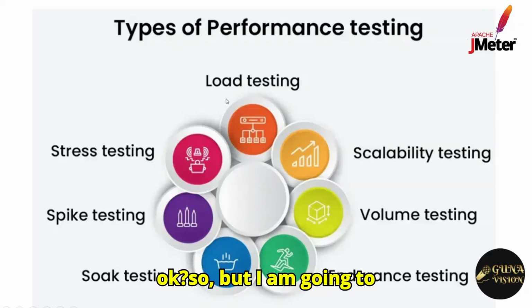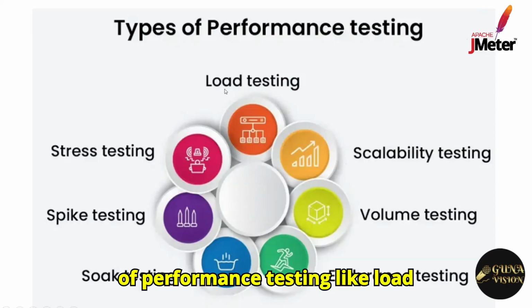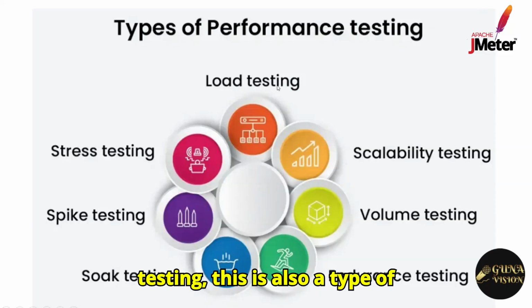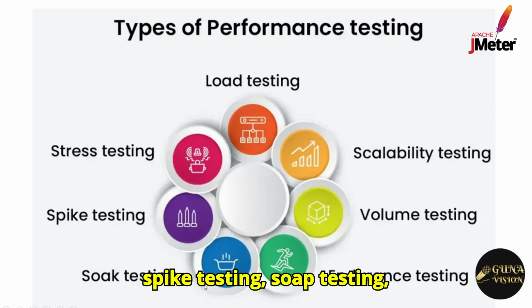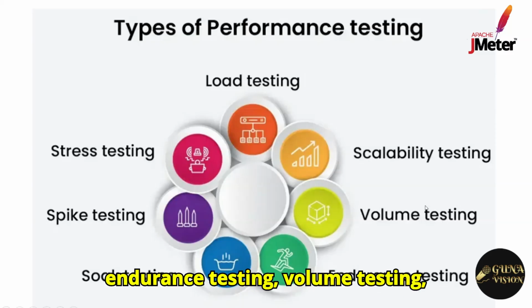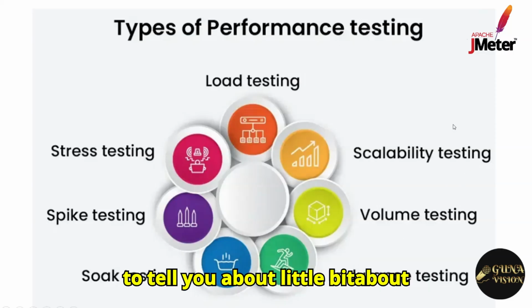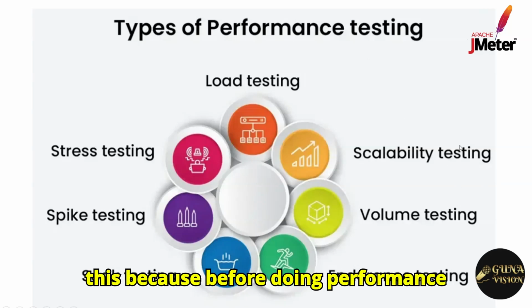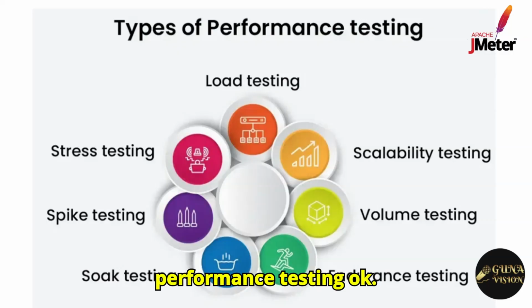But I am going to consider these as the main types: load testing, stress testing, spike testing, soak testing, endurance testing, volume testing, scalability testing. I will tell you a little bit about each, because before doing performance testing you must know all the types.